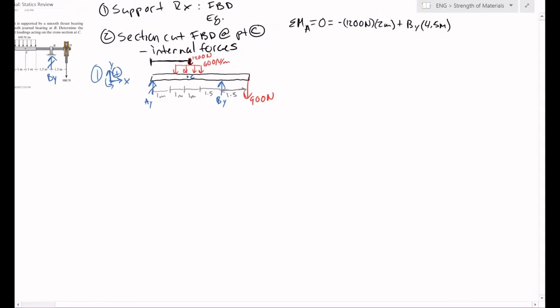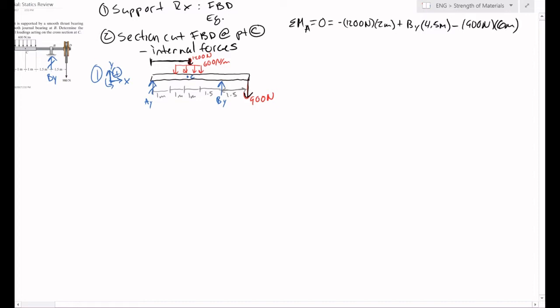And then we have the 900 newtons, causing a negative moment, which is clockwise. And that's 6 meters away.